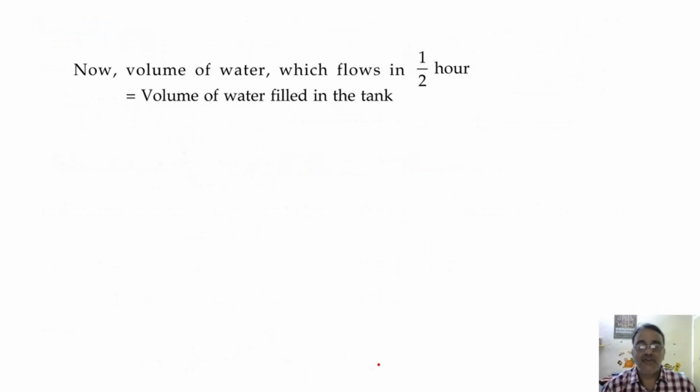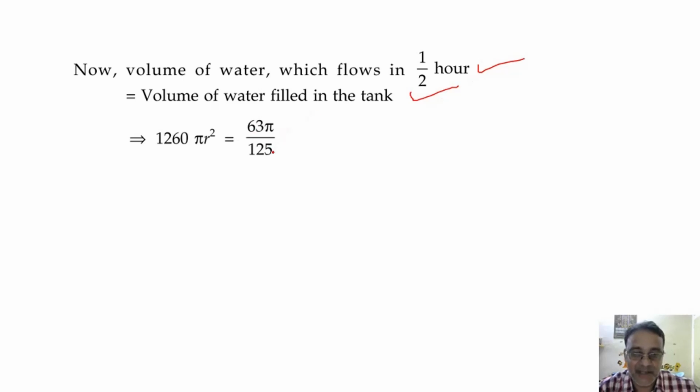Right? So now the volume of water which flows in half an hour is equal to the volume of water filled in the tank. So 1260 pi r square, and this is 63 pi upon 125. Pi cancels, and we'll get r square is equal to 63 upon 125 into 1260. Right? Now we can cancel these two.